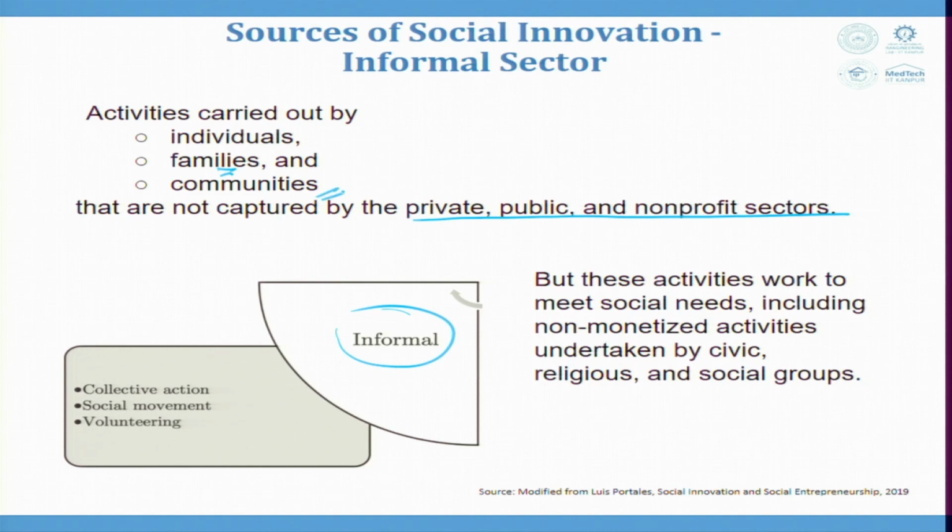My community tries to plant every year 10,000 trees which all have medicinal values such that the people who are there can maintain these plants and then have a livelihood. An individual can give. The Melinda Gates Foundation, the individual, gives a huge amount of money in developing social innovation across the globe.